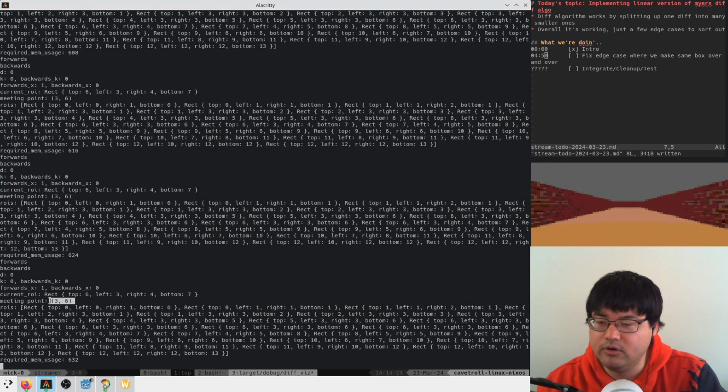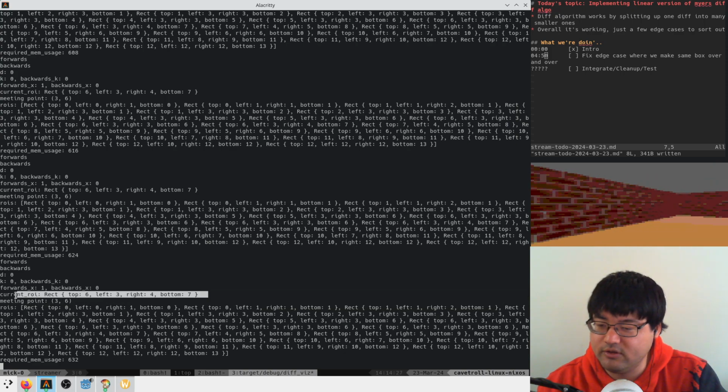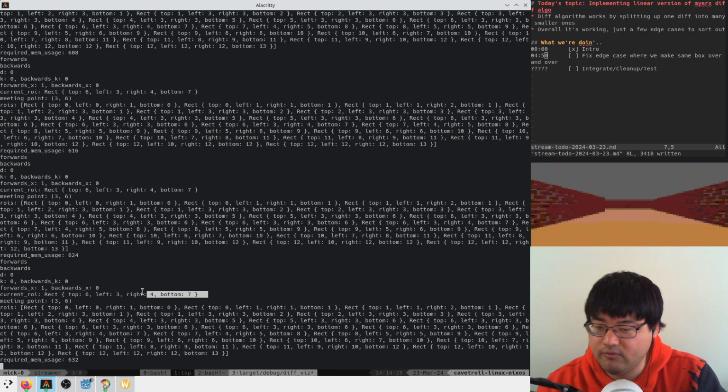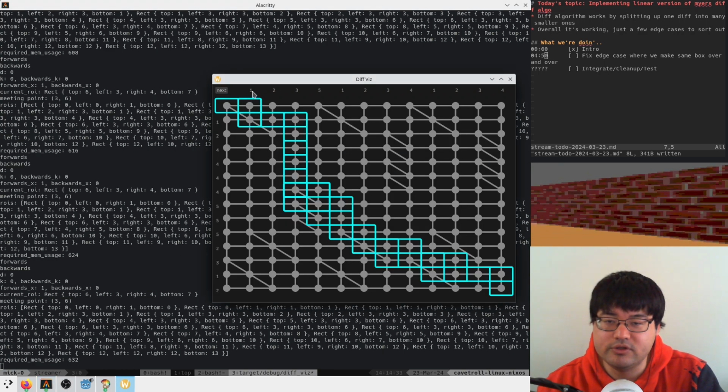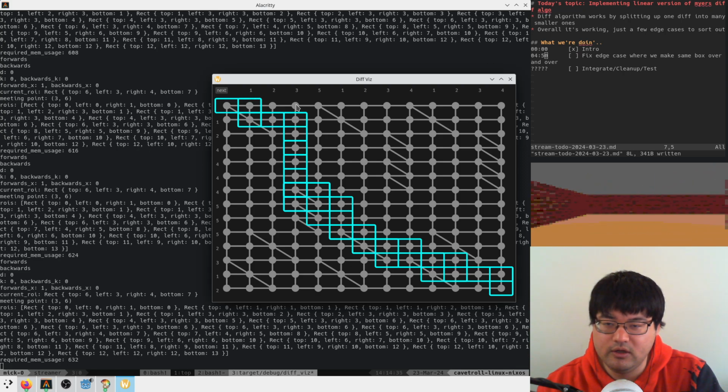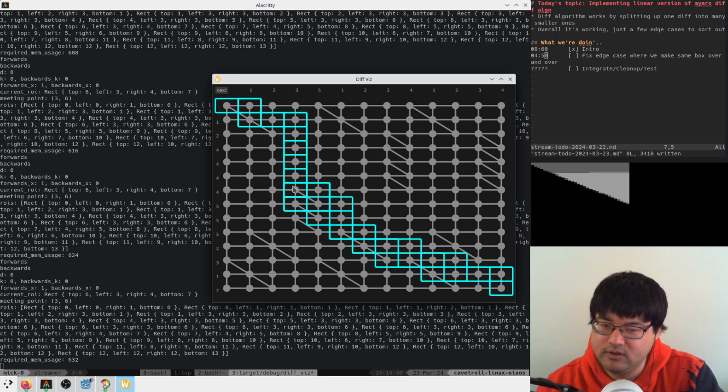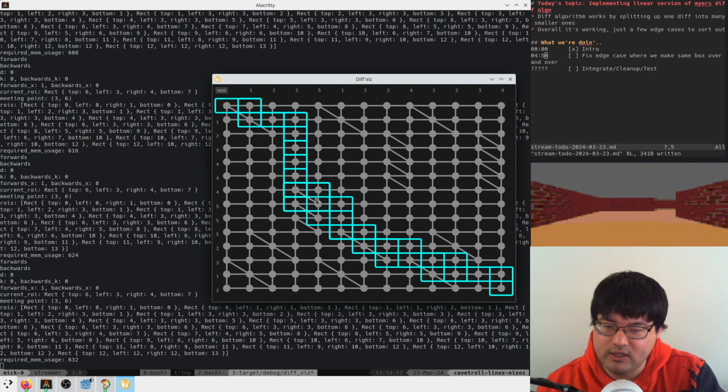Oh, interesting. So here it's saying that the meeting point is 3, 6, but the current ROI ends at 3, 4, 7. So 1, 0, 1, 2, 3, 0, 1, 2, 3, 4, 5, 6. Right, so it's meeting down here. This is probably one of the boxes right here.